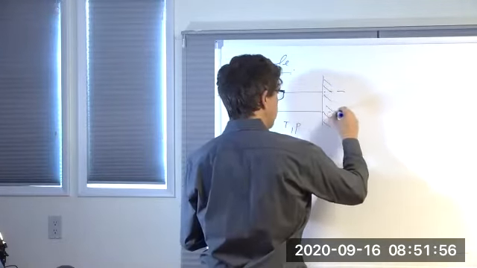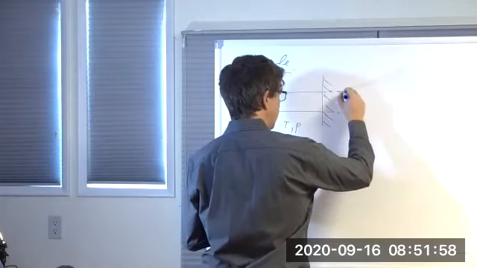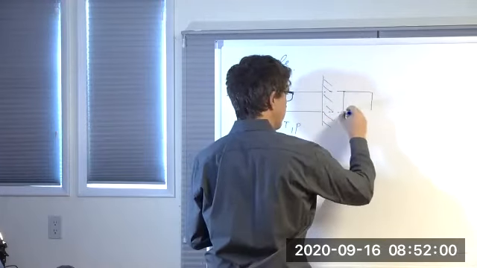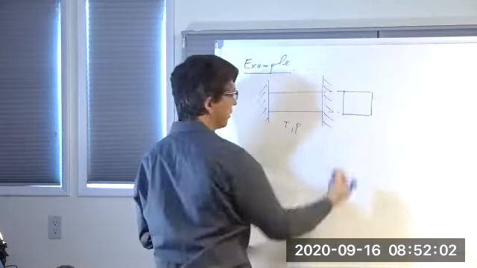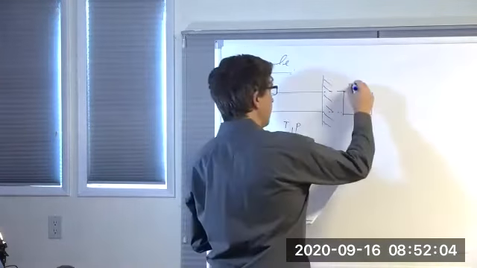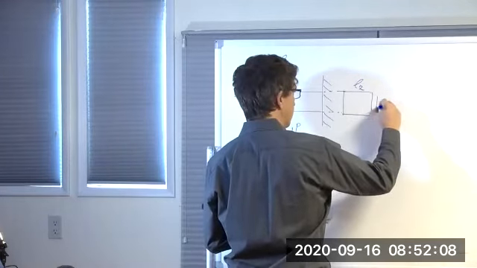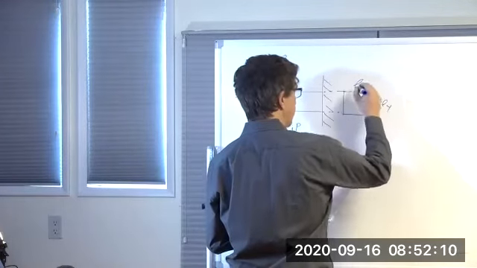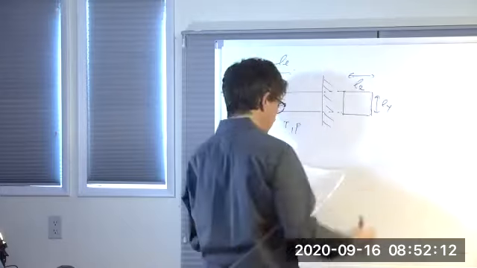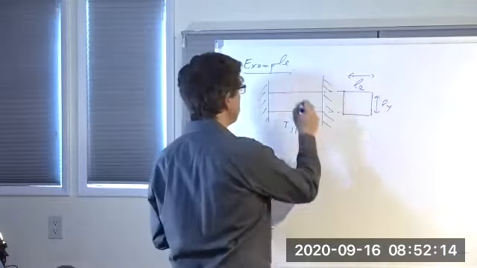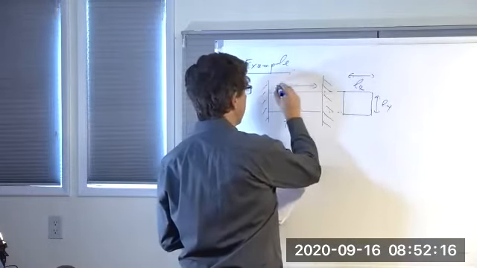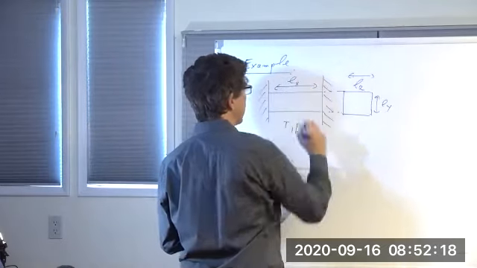Let's say this could be like a bar, and the cross section is square. So I'm looking at it here in the cross section. I'll call this Lz, so this is the Z direction. I'll call this length Ly. And then I'll call this direction X, so this is the length in the X direction.